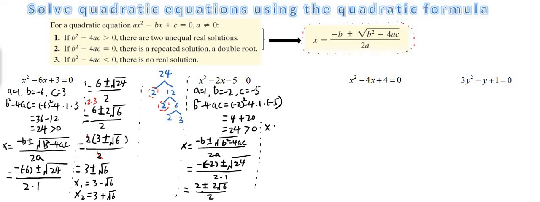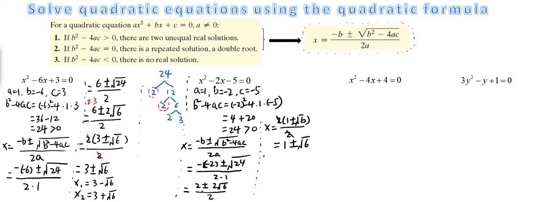So x, for the numerator, we can factor the 2, 1 plus or minus square root of 6, divided by 2, okay, and then cancel out, and we're going to get 1 plus or minus square root of 6.